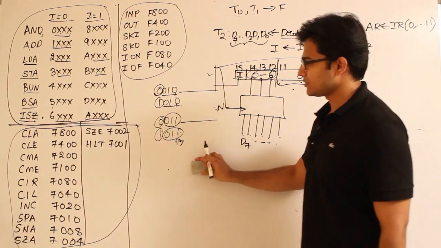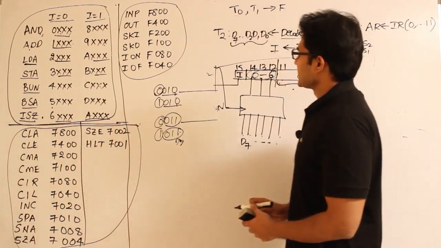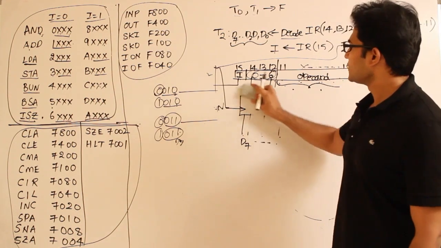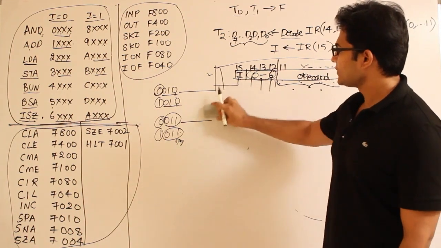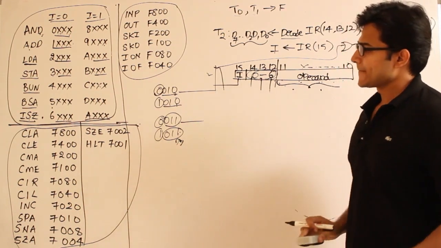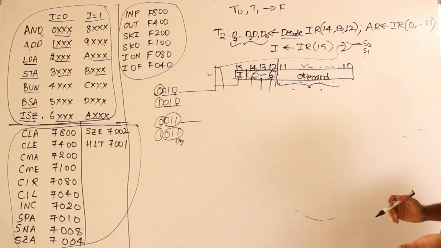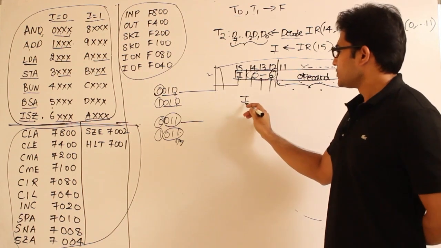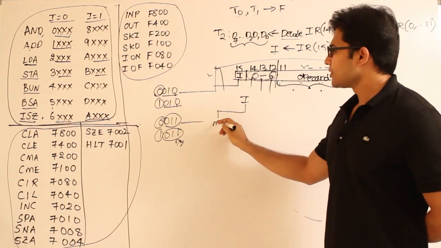So see this, I'll explain what it means now. Let's talk about register reference instructions. I just told you that instructions are of 3 types. One is memory related.